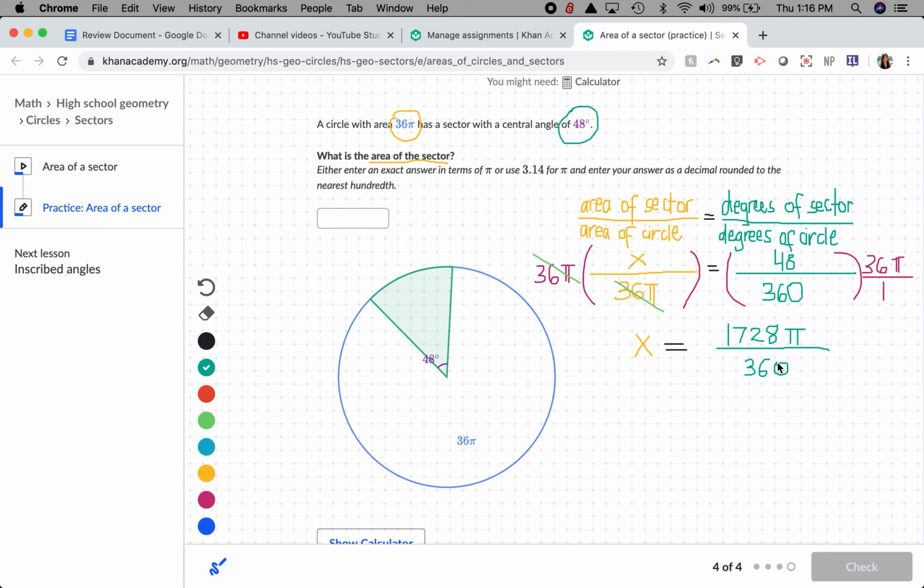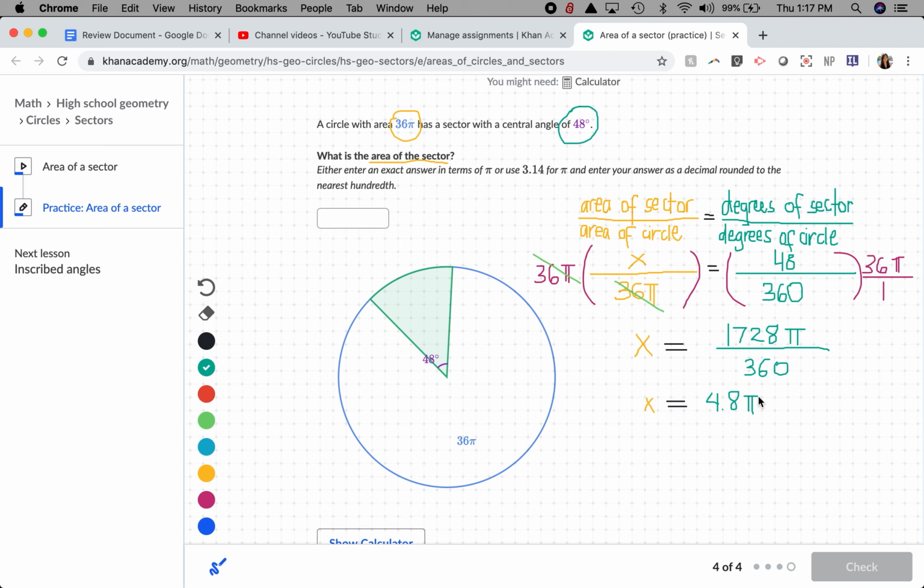The next thing we're going to do is simplify further. Let's divide these numbers by each other. So we're going to have x equals the quotient of 1728 divided by 360, which is 4.8. So it's going to be equal to 4.8 pi.